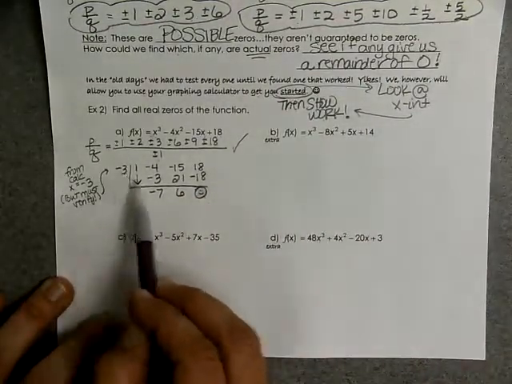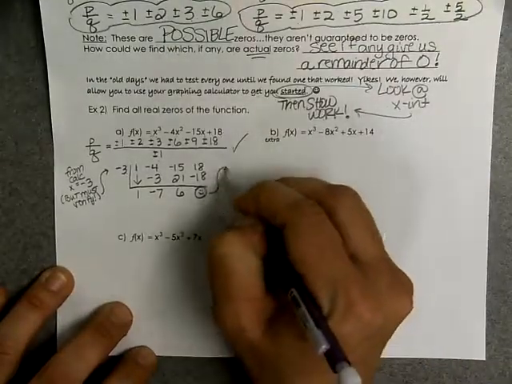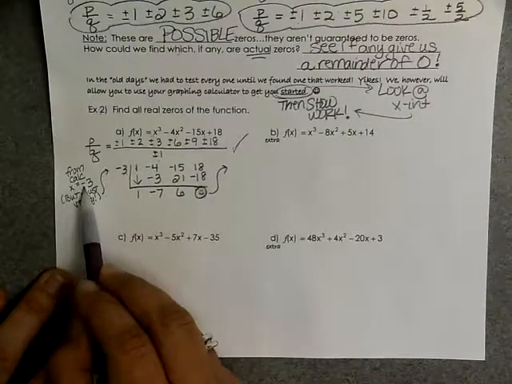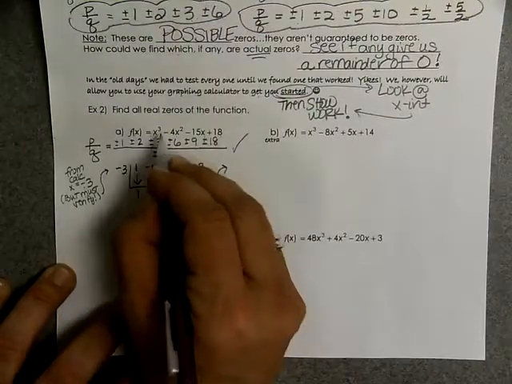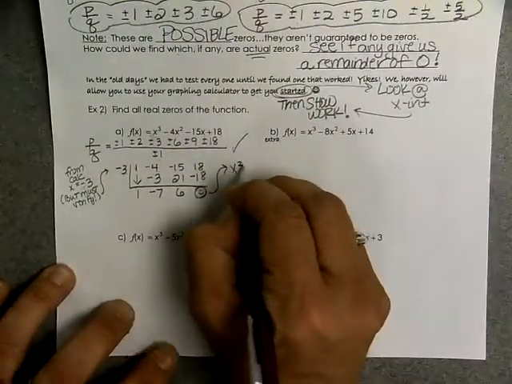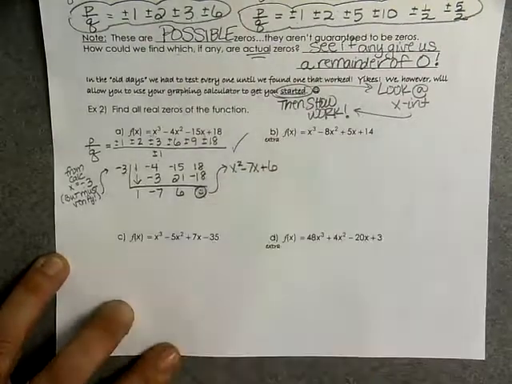And now that we've verified that from the calculator, we know what's left here. We know that if we were to divide that cubic by the factor x plus 3, we would be left with a quadratic, x squared minus 7x plus 6.